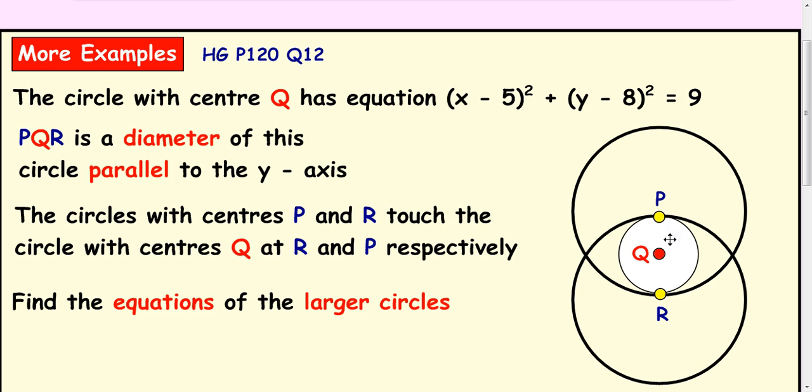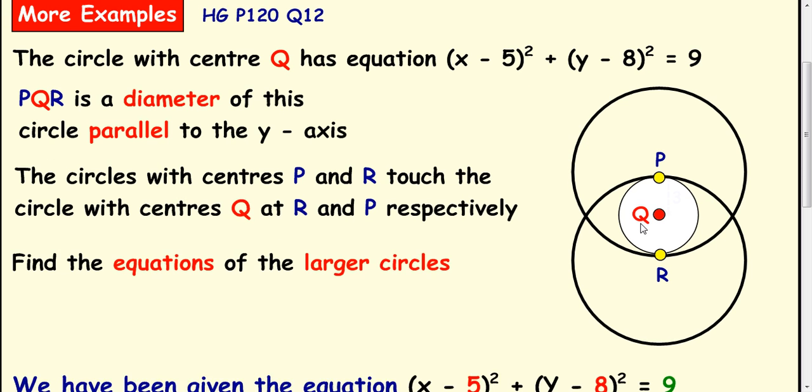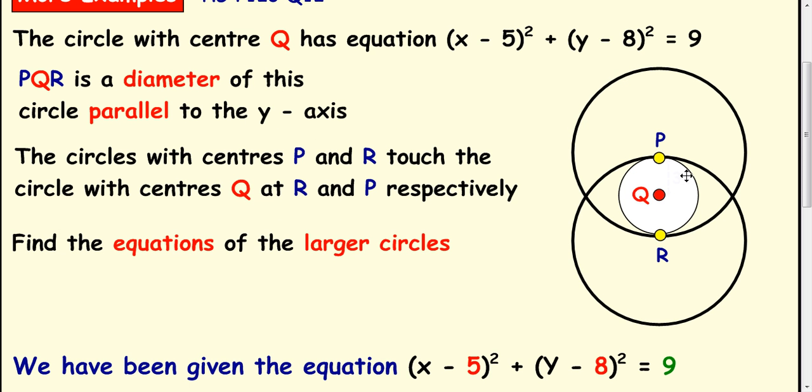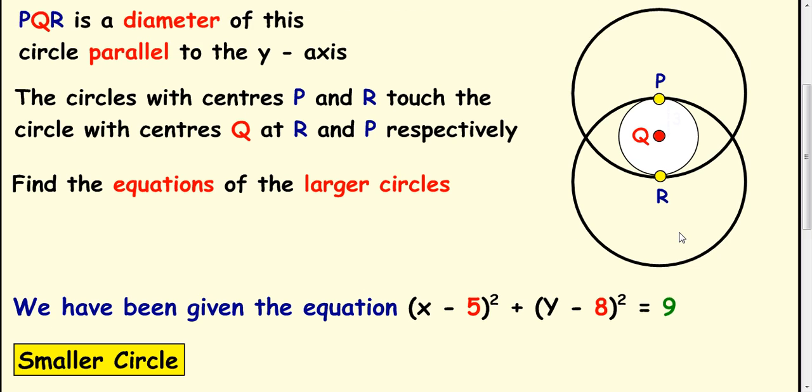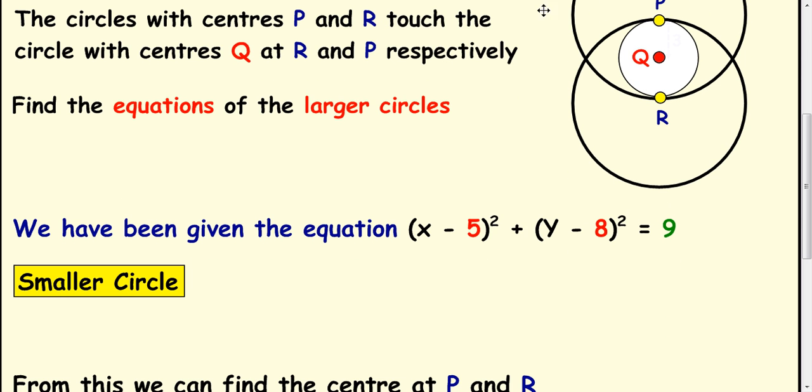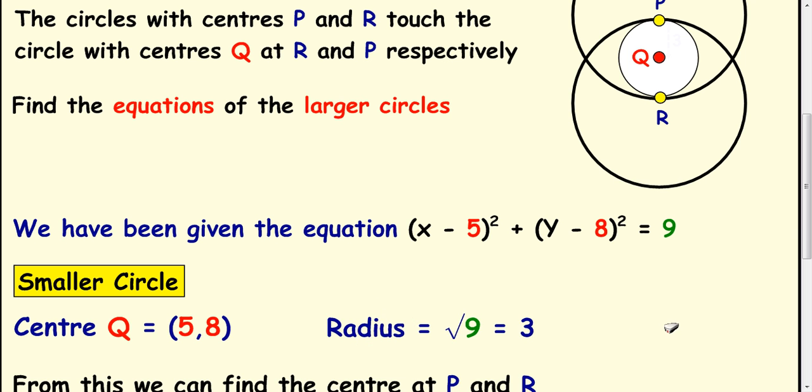Now to do that, what we need is the radius of the larger circles, and we need the centre point. So let's look at what information we've got already and how we can use that to determine the centre point of circle P and R and the radius of the larger circles. If we concentrate on the white circle just now, the centre point is going to be (5, 8) from the equation here, and the radius is the square root of 9, which is 3.